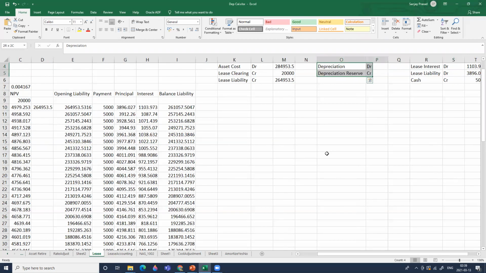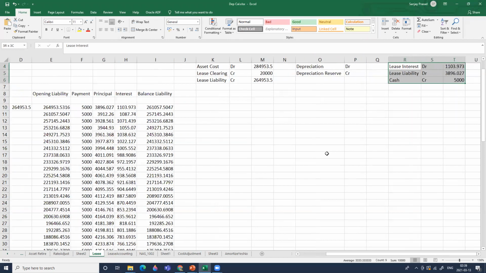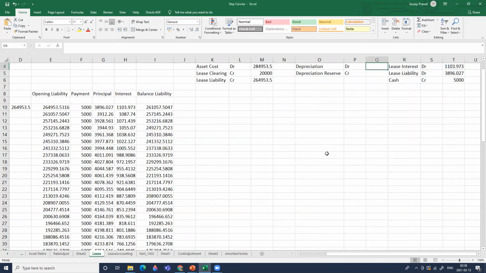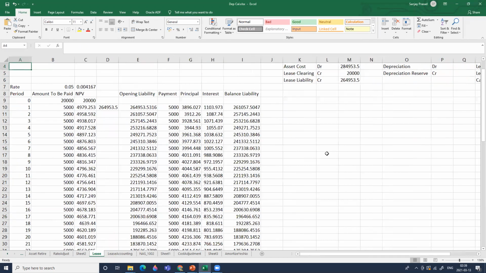Apart from this, what happens in a normal asset, in the case of a leased asset every month, additionally, this accounting needs to be created. Now, what is this accounting? Let us check. In this one, asset cost will be cleared off systematically by this accounting over a period of time.